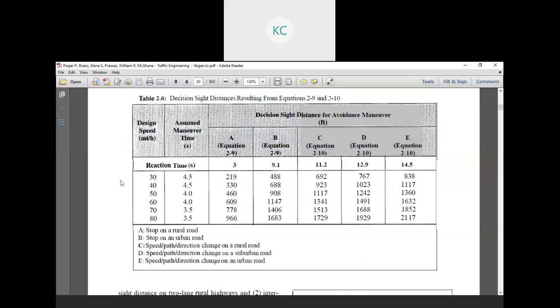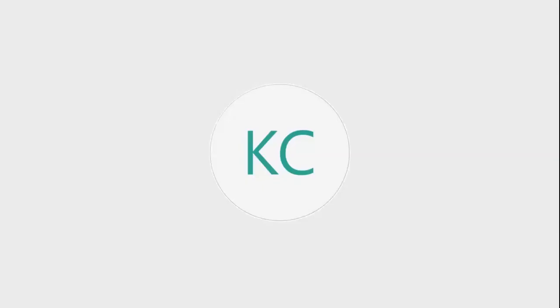Like if the design speed is 30 miles per hour, the assumed maneuver time or reaction time is 2.5 seconds, so from the equation for the different classes of highway, 219 meters or feet are required for proper maneuver of the vehicle. This is a table given by AASHTO on the basis of recommendations for any new highway construction.